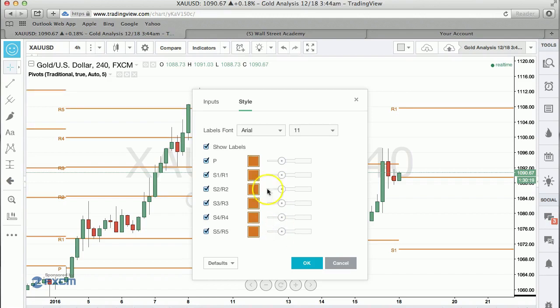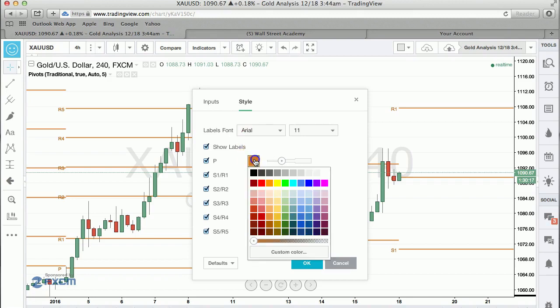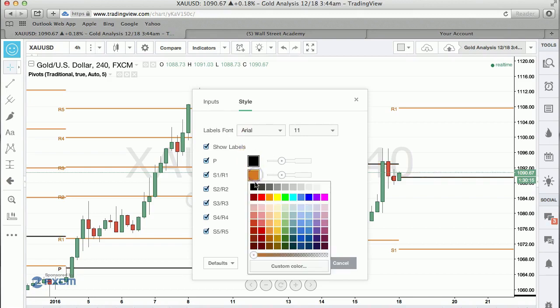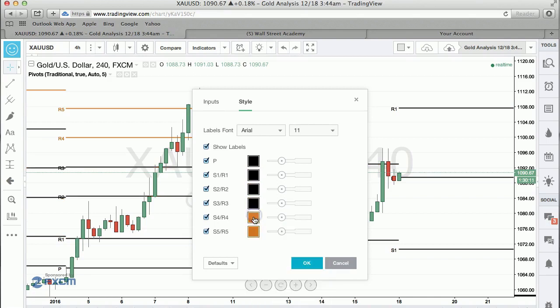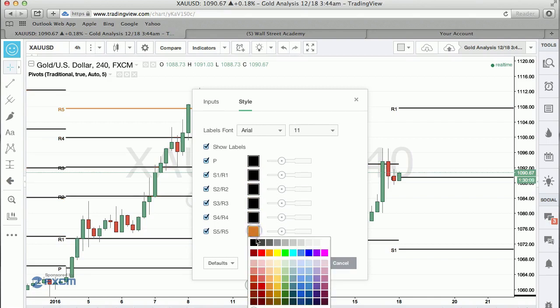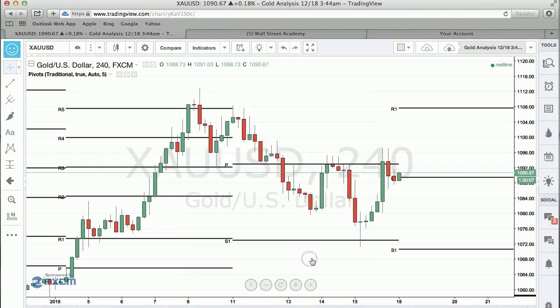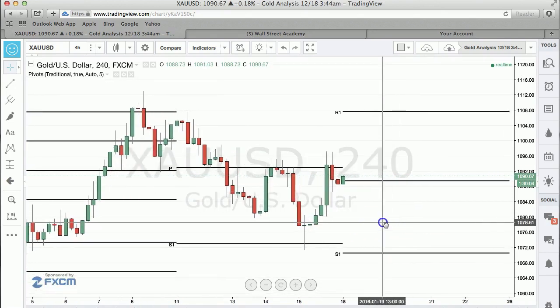And then I like to change the color from orange to black, but it's all preference. You can make them whatever color you'd like. And now you'll see that you now have pivot points on your chart, as well as plotted horizontal support and resistance levels.